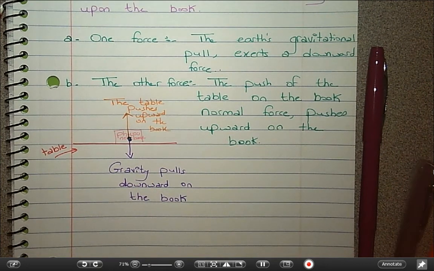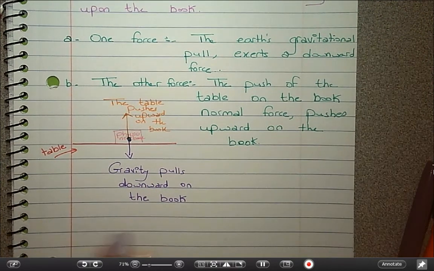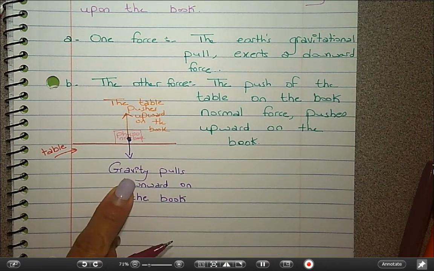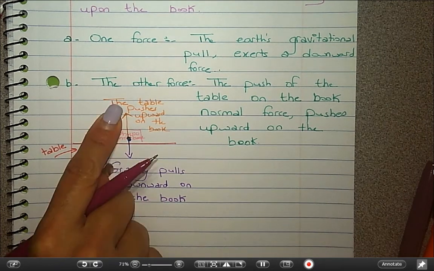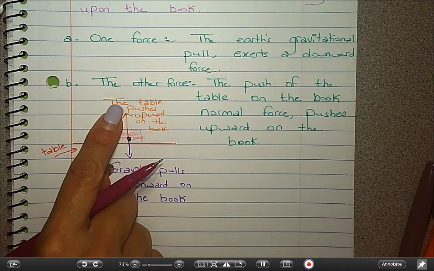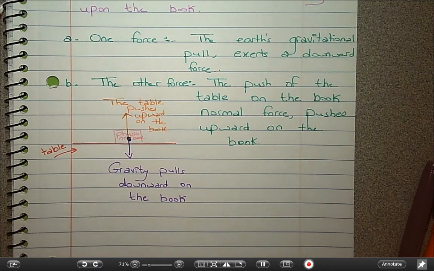All right, so let's talk more about this. Since the two forces are equal in magnitude and in opposite direction, they're going to balance out each other, because the same force pulling downward is the same force that is pushing upwards. And this is what we call the state of equilibrium.